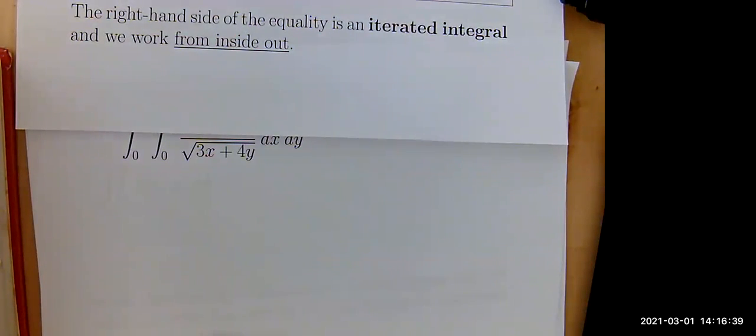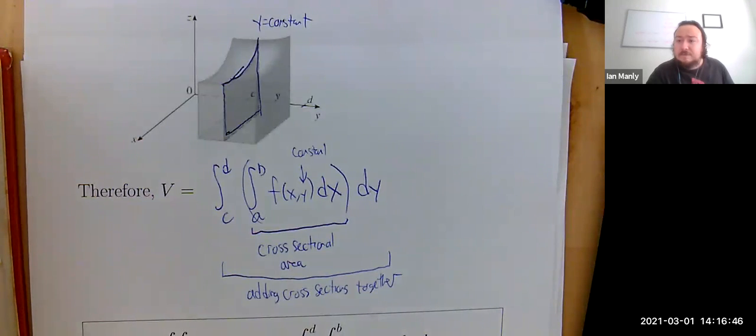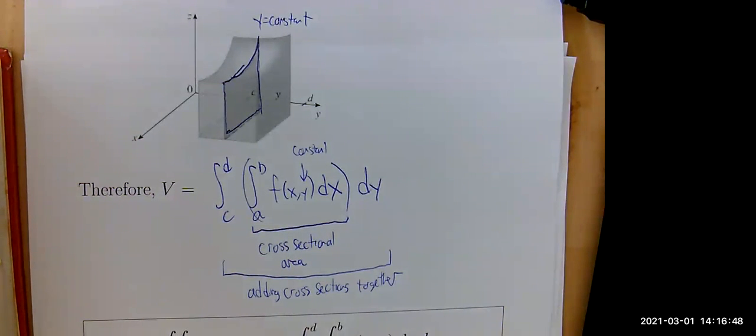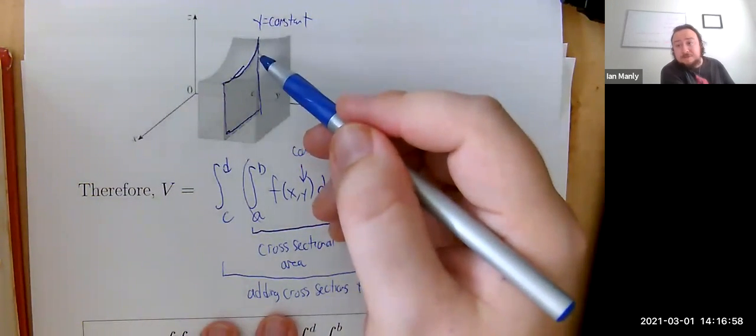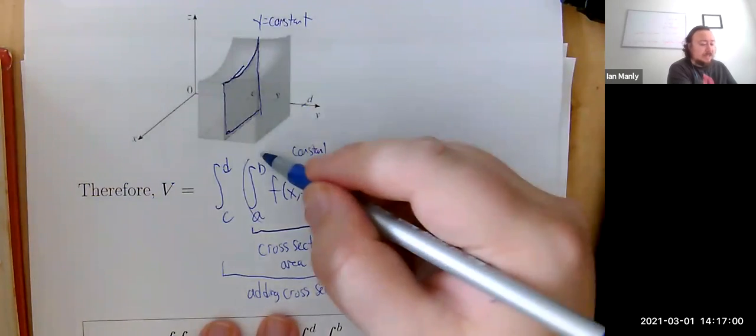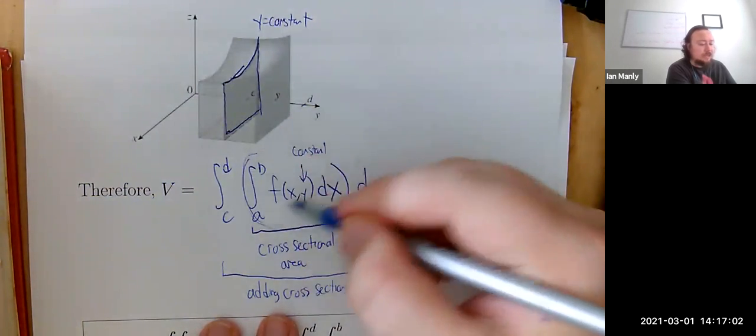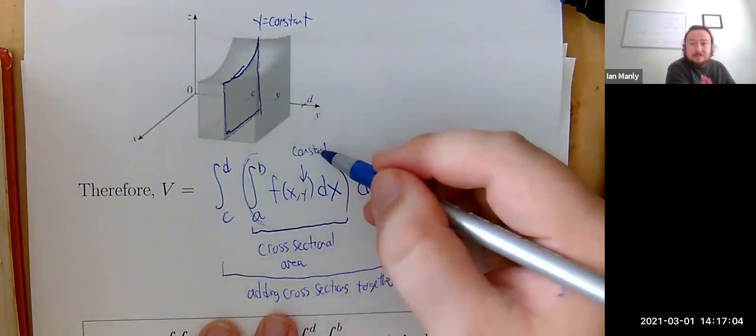I had a question. You're taking that little slice, right? Is it just that slice that's generalized to that whole y interval? Well, this is at one random y value, so this is the area of a cross section at a particular constant y value.